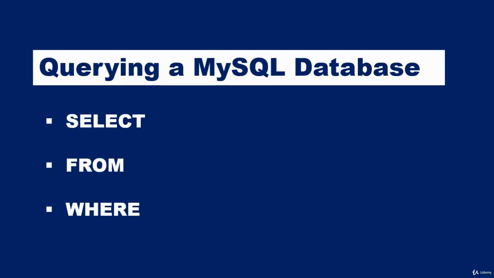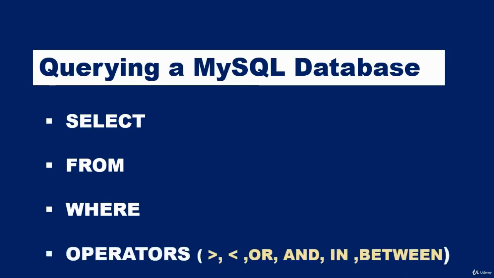Your select statement can also include operators. Operators could include things like greater than, less than, or, and, in, between, and so on. So you can add all these things to your select statement, but the basic select statement must always have a from.